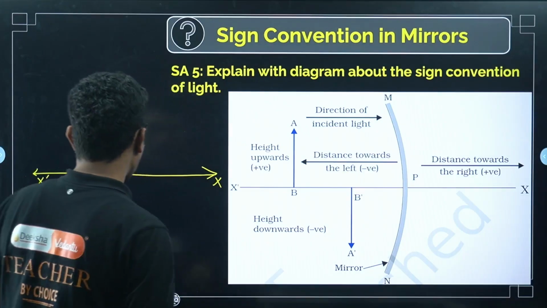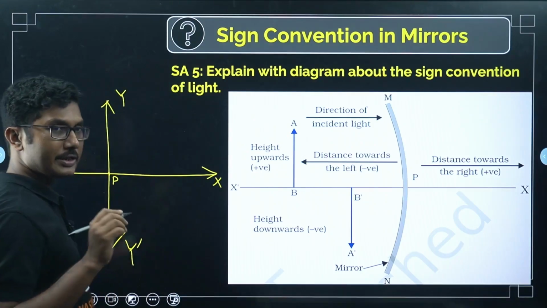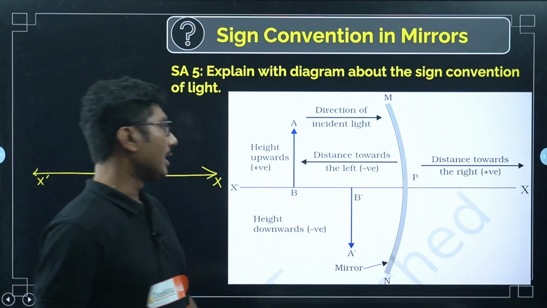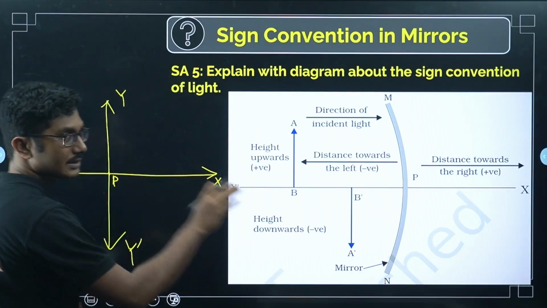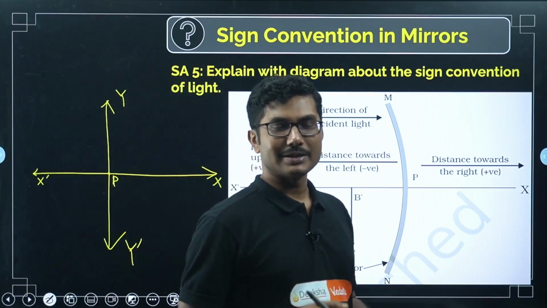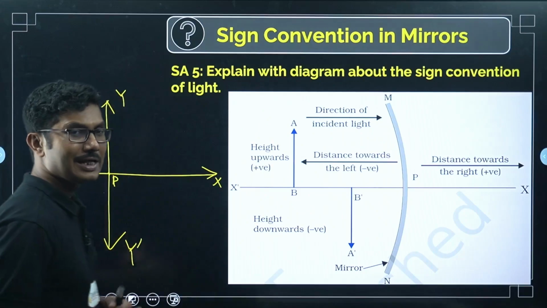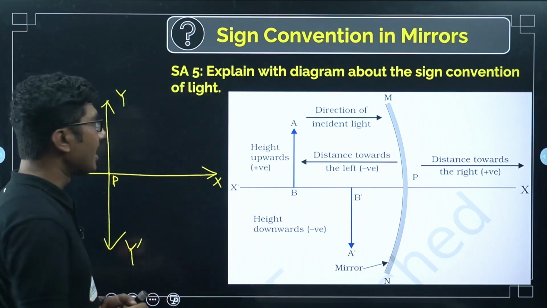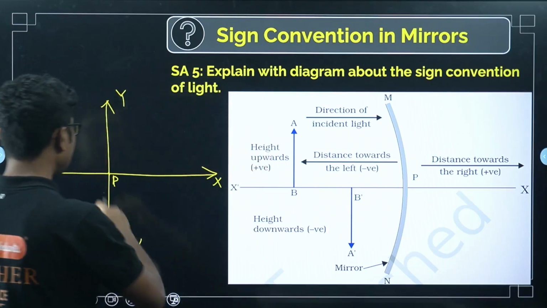We know that. And this point, the origin, is basically your pole, 0, 0. Generally object distance and image distance are measured along the x-axis. Anything along the negative x-axis is negative, anything along the positive x-axis is positive, anything along the positive y-axis is positive, anything along the negative y-axis is negative.